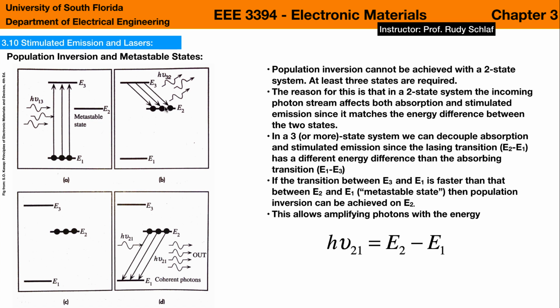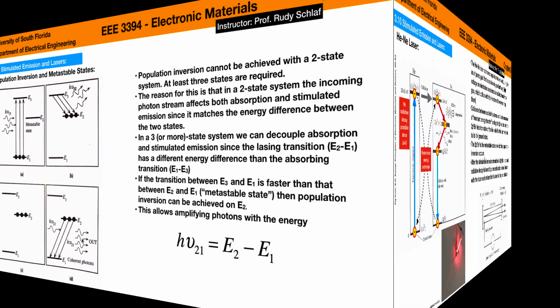And on E2, they have a longer lifetime, so they start accumulating. So now we created a situation that is a population inversion relative to the E1 ground state, and we can get the amplification through stimulated emission, where photons matching the energy difference between E1 and E2 can be amplified.